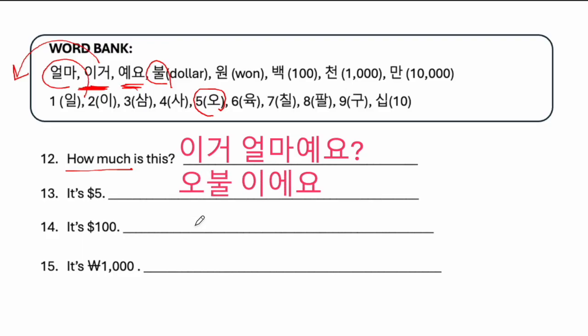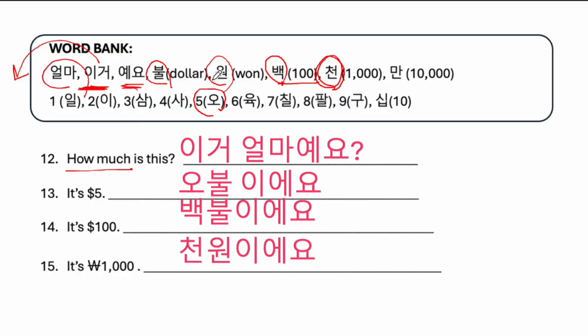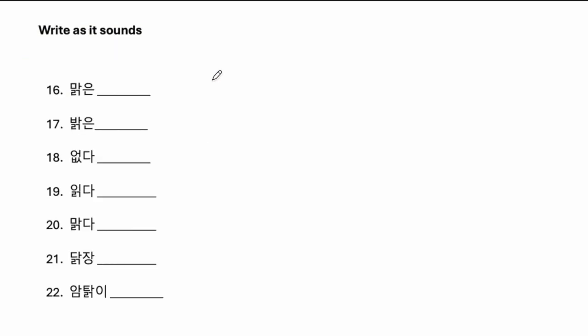It's $100. 100불이에요. It's 1,000. Where's thousand? Thousand, 천. And then one. 1,000원이에요. Okay, good. Write as it sounds.